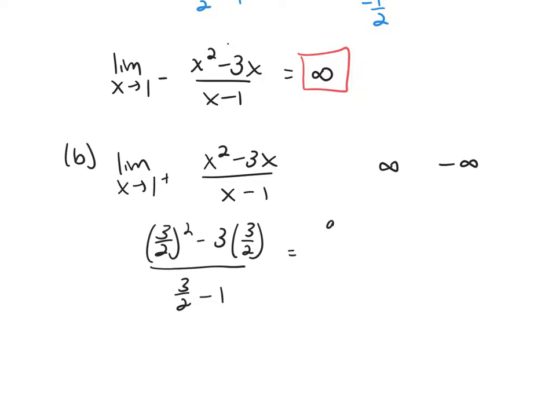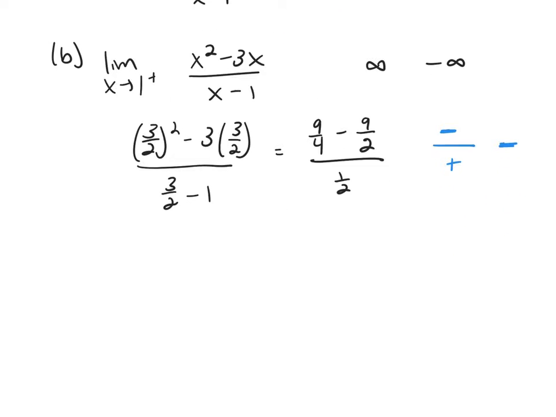Over here, I'm getting 9/4 minus 9/2 in the top, and 1/2 in the bottom. So in the top, you're going to get a negative, and in the bottom, a positive. So overall, my answer is negative. So this right-hand limit is going to be negative infinity.